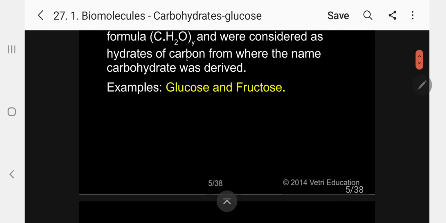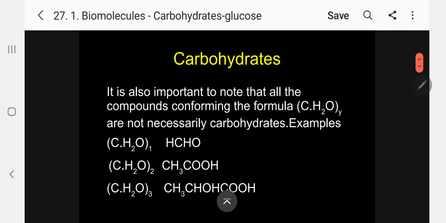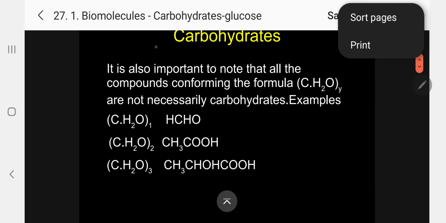Now, another interesting and important piece of information, kindly follow: note that all the compounds conforming to the formula Cx(H2O)y are not necessarily carbohydrates. Please follow.